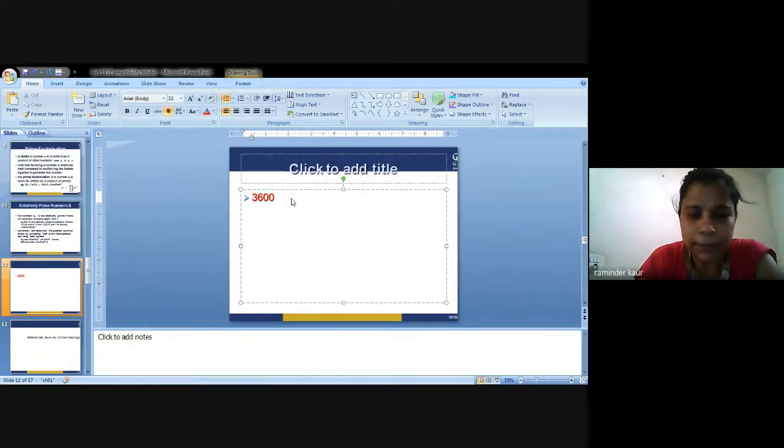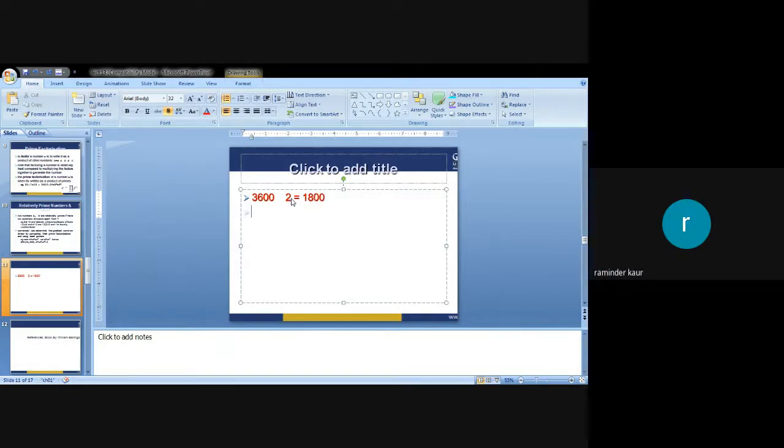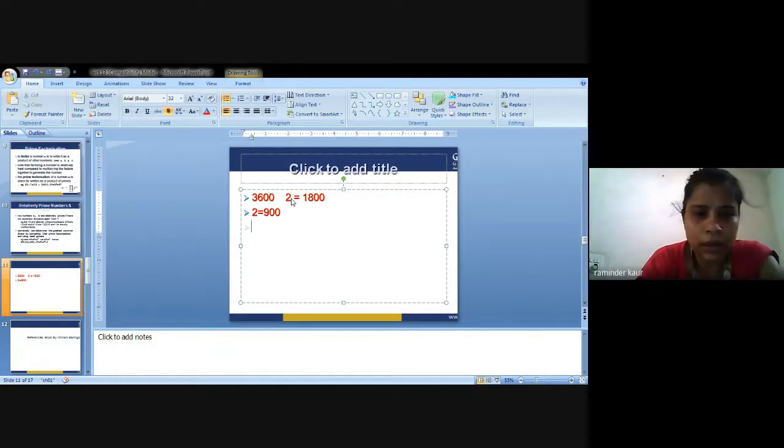It could be divided by 2, which generates 1800. Again 2, which generates 900. Again 2, which generates 450. Again 2, which generates 225. Then 3, which generates 75.